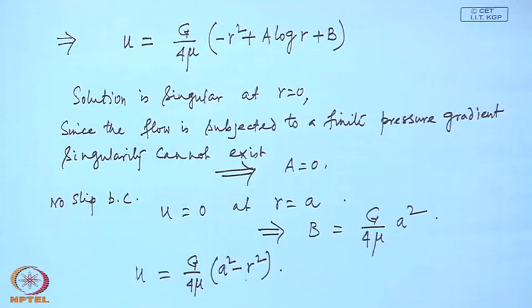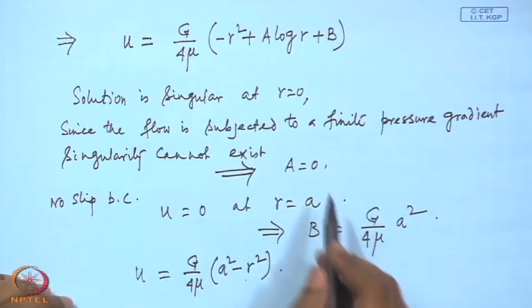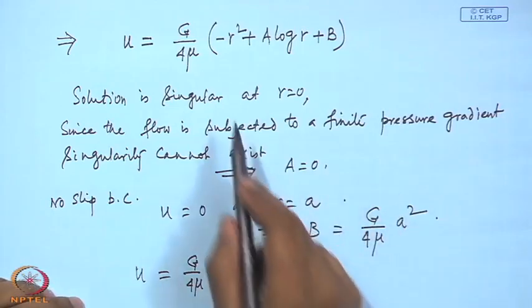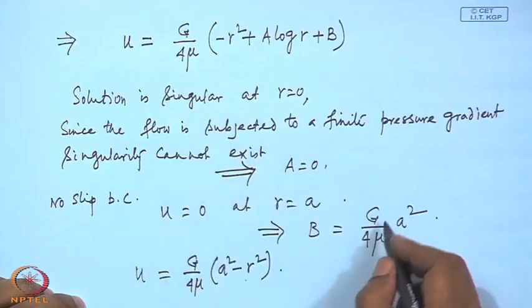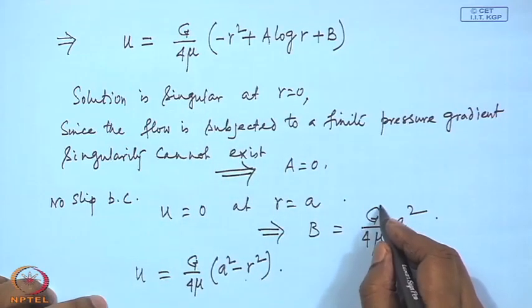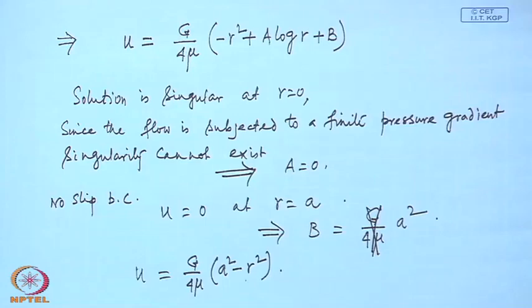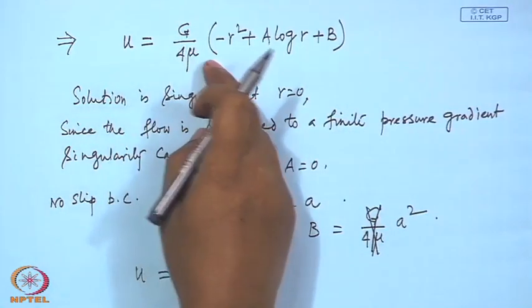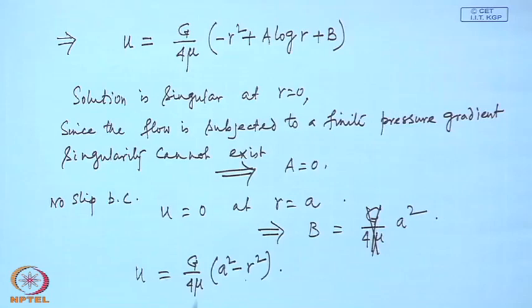But for B we have already taken out G by 4 mu, so this B will not have this. I just put the value of r equal to 0 and wrote this, but this G by 4 mu is already taken out.